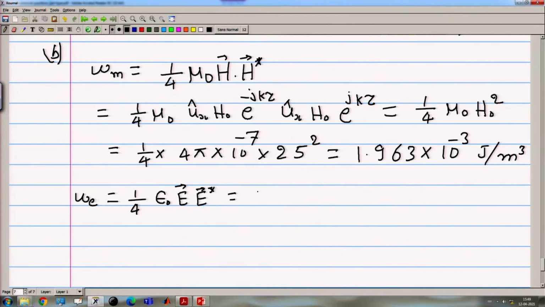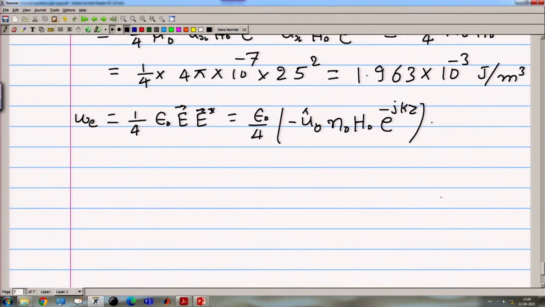So, this will be 1 by 4 epsilon naught, electric field is given minus u_y by eta naught H naught e to the power minus j k z, dot minus u_y by eta naught H naught e to the power j k z.